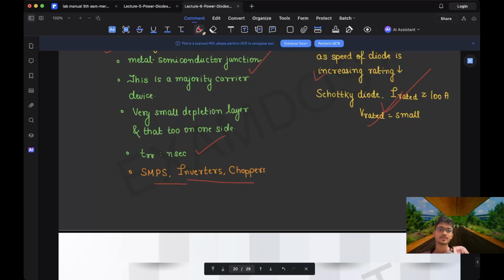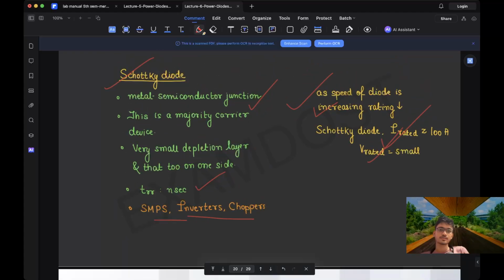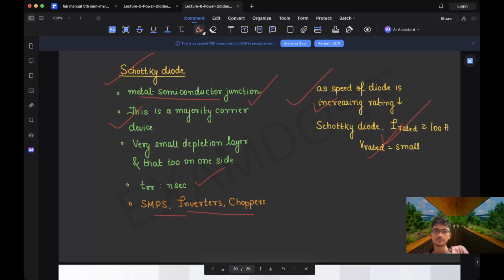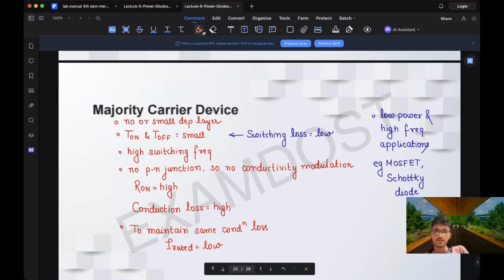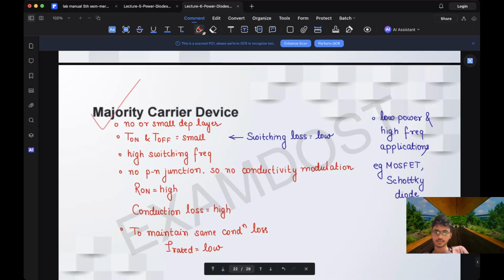There is a small depletion layer, in fact no depletion layer. We know a majority carrier device has no depletion layer, so the switching frequency is high.